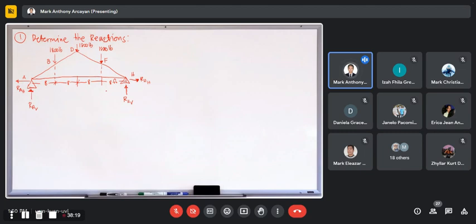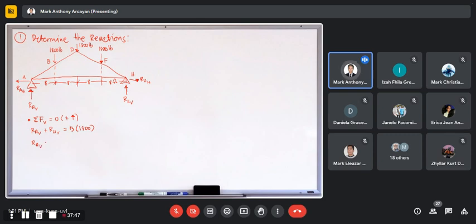Okay? So in determining the reactions, you can use the three equilibrium equations. So start with summation of forces along vertical equals 0. Positive is upward. For the upward forces, we have RA vertical plus RH vertical. Then that equals the downward forces. So we have 3 times 1,800.